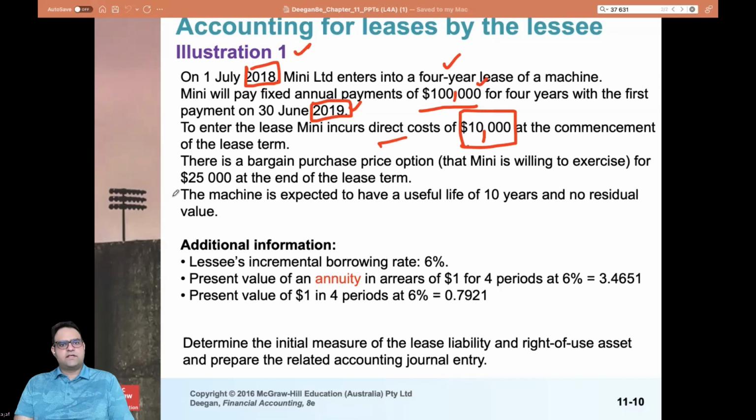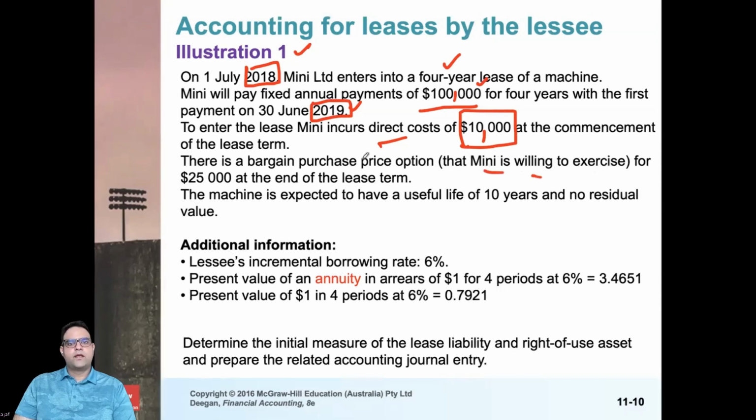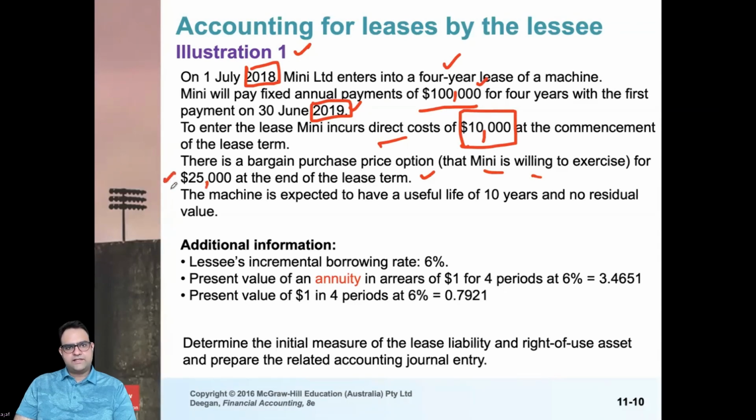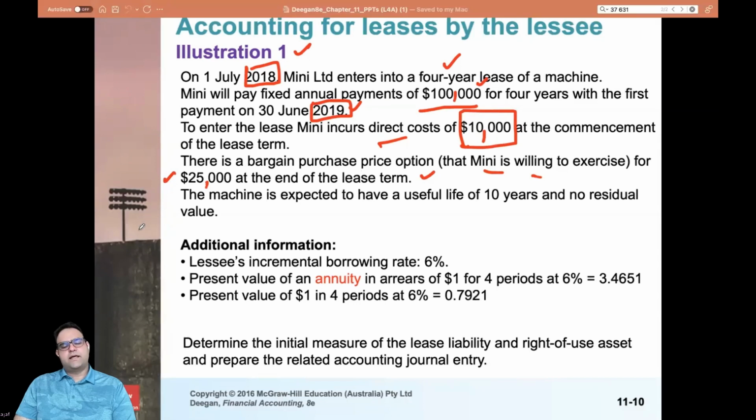Now, there is a term given that there is a bargain purchase option that will definitely be exercised by Mini for 25,000 at the end of the lease period. What that means is that after this lease period of 4 years is over, at the end they will pay 25,000 extra to buy the asset forever, not to lease it, after the 4 years.